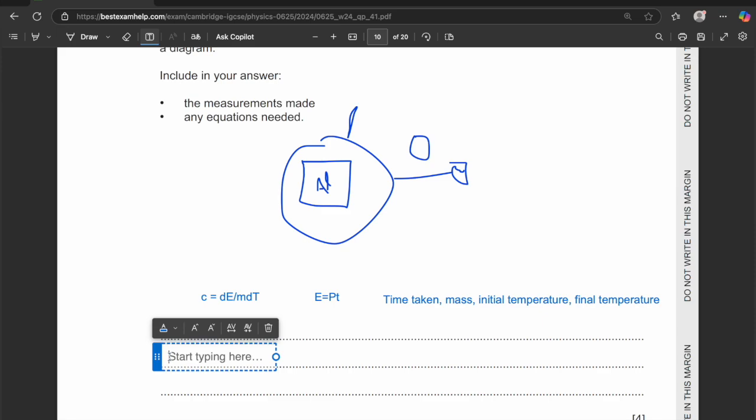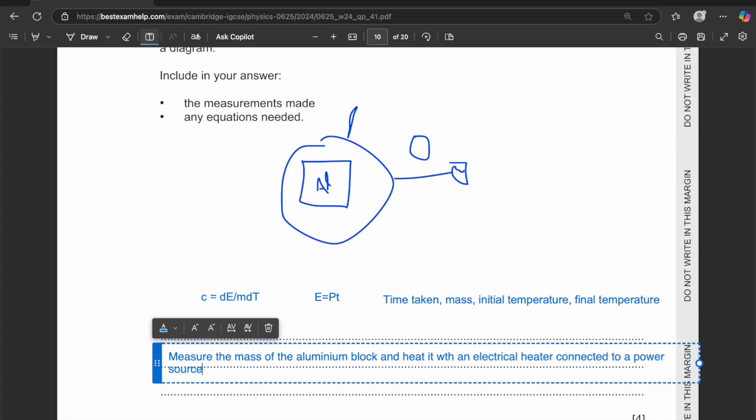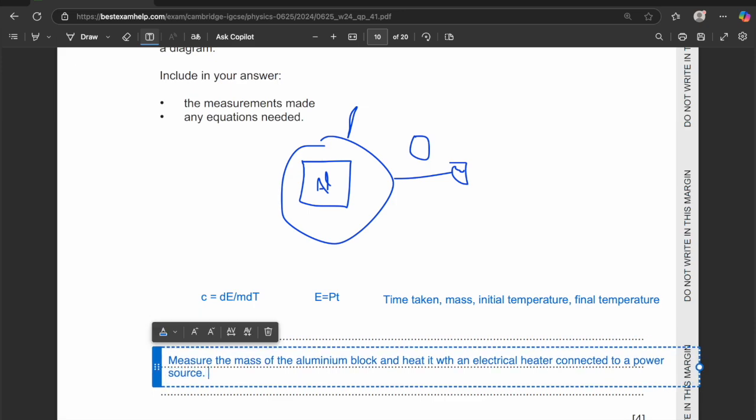So firstly, we measure the mass of the aluminum block and heat it with an electrical heater connected to a power source. Then we can start the timer, but before that we have to measure the initial temperature as well.